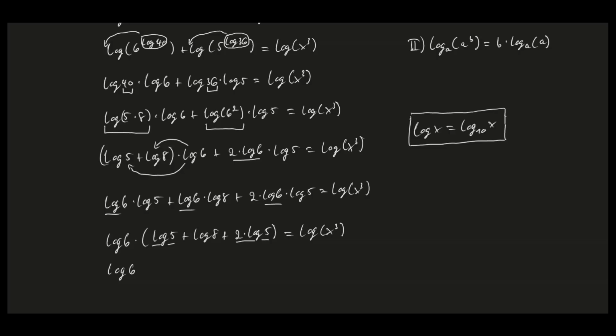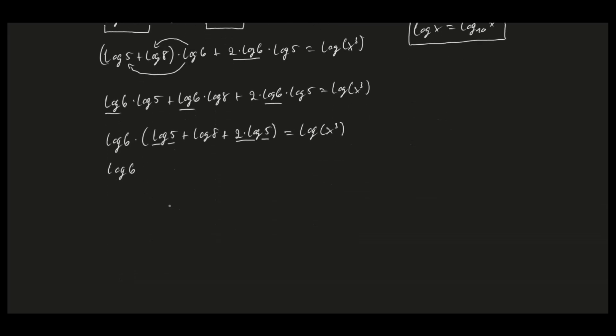So the logarithm of 6 here will be multiplied by the logarithm of 125 plus the logarithm of 8. The bases here are to the base of 10. On the right hand side we have the logarithm of x to the power of 3.